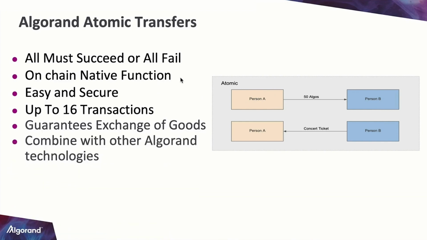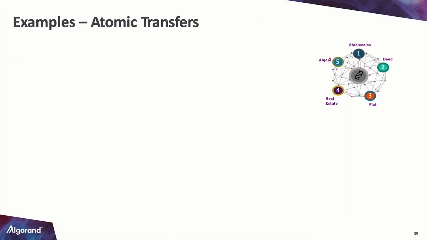But the real benefit of this is you can combine it with other Algorand technology. So those assets I just showed you, you can do a transaction on an asset from one person to another in exchange for another transaction and wrap that maybe in a smart contract. So a lot of things can be done with this to make some pretty cool things.